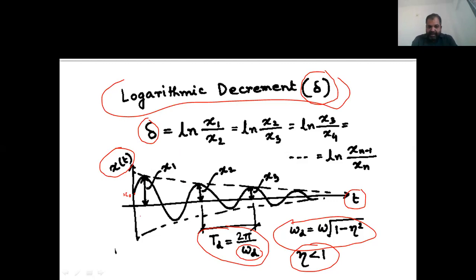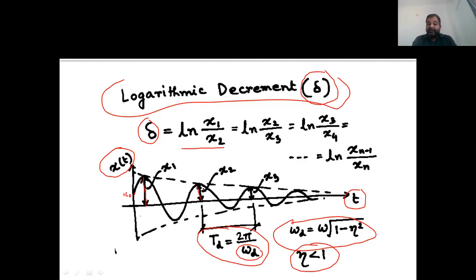Let's say the amplitude of my first response is x1, and this is my x2. Then if I take the ratio like this, ln of x1 upon x2, I will get the value of delta, because these are the two successive amplitudes.